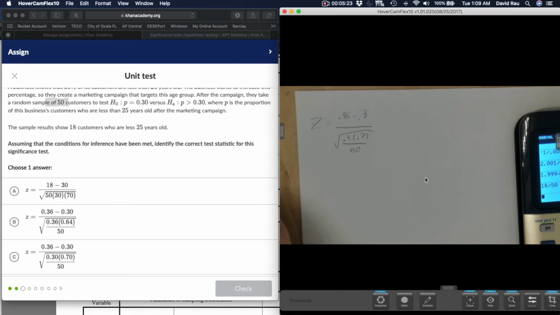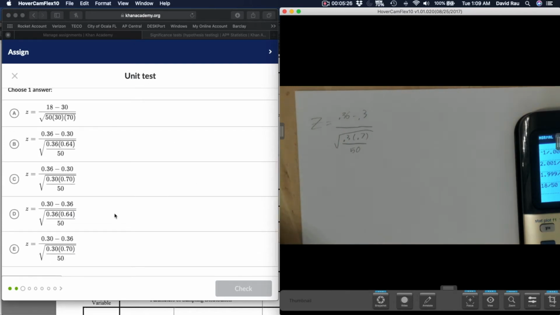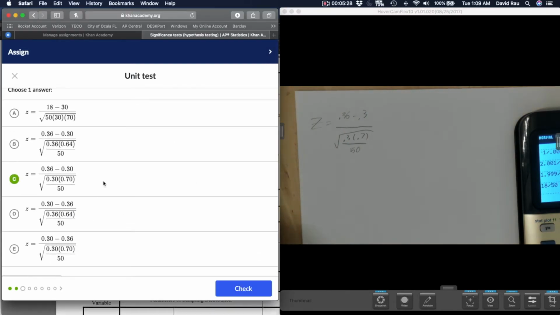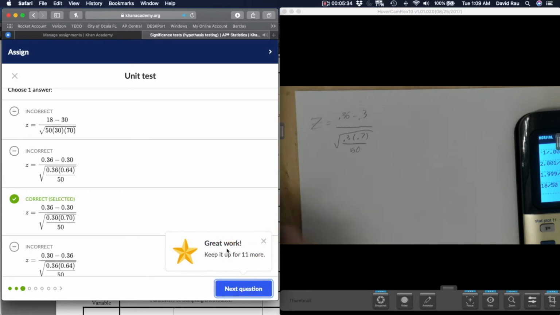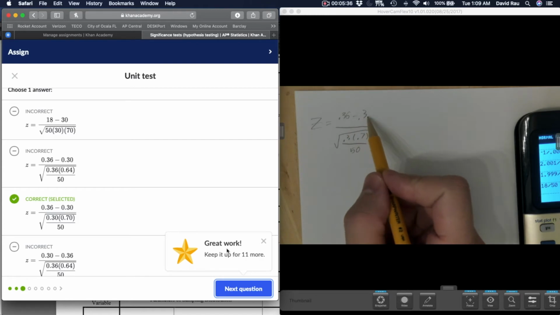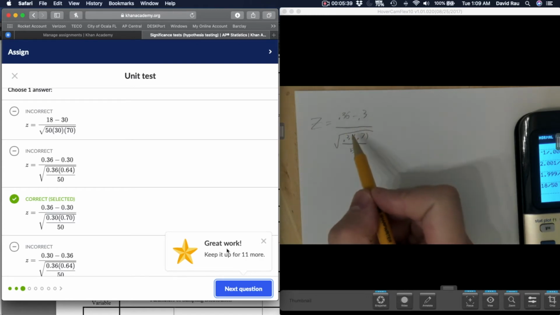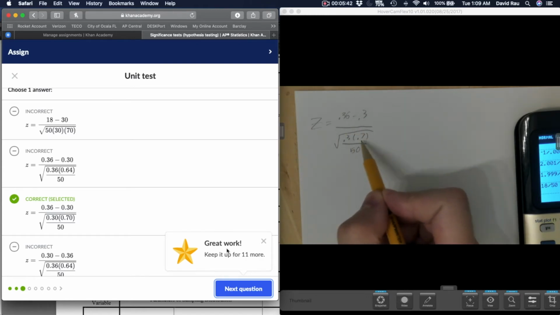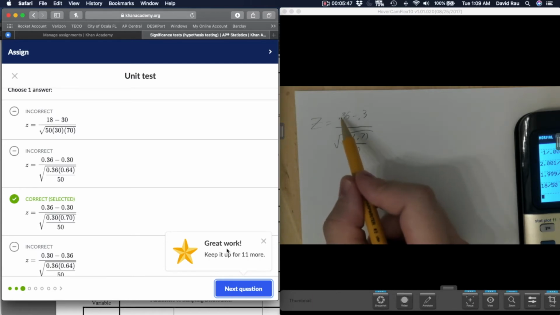So this is your correct Z statistic. So let's click that one. 0.36 minus 0.3, there we go. Okay, so your actual data value minus the assumed data value, and in a test, the standard deviation is based on the assumed truth. Now, in a confidence interval, your standard deviation is based on the sample data.